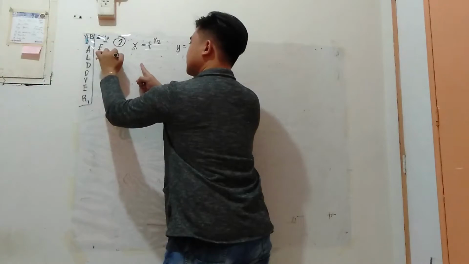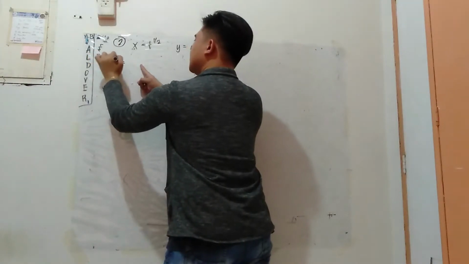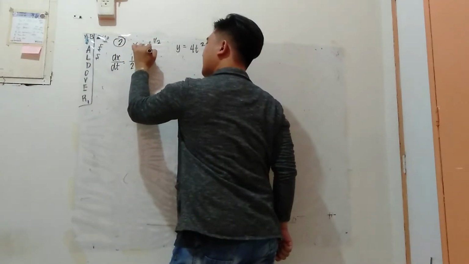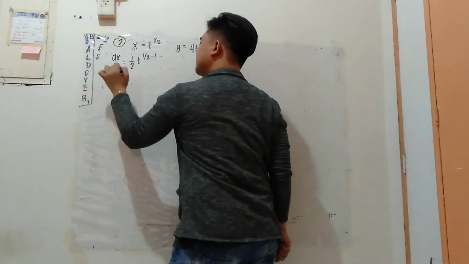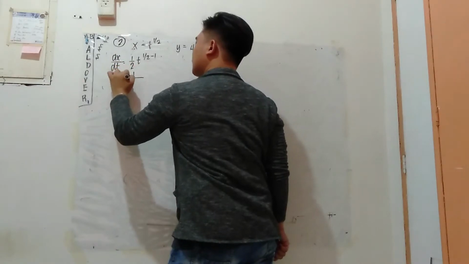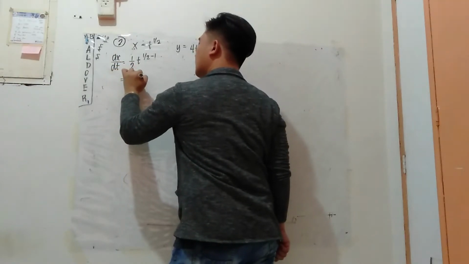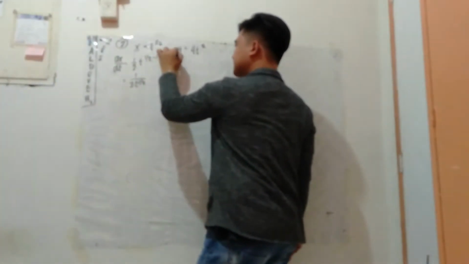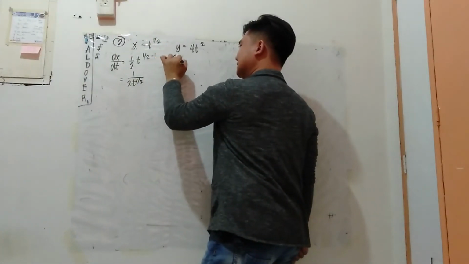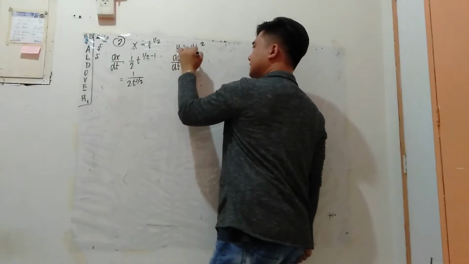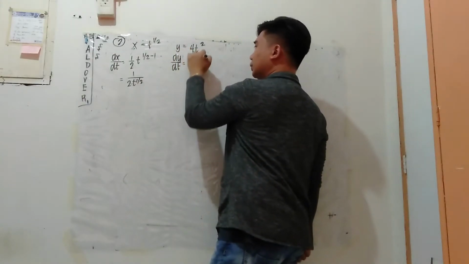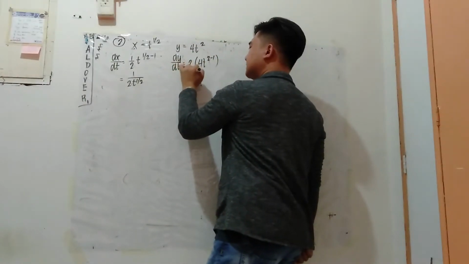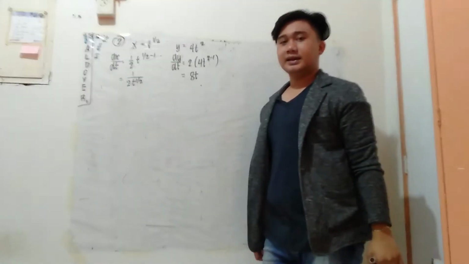So dx over dt is equal to 1/2 t raised to 1/2 minus 1, or simply 1 over 2 t raised to 1/2. Okay? Hanapin ko naman si dy over dt. So that is 4 times 2 t raised to 2 minus 1, or simply 8t.